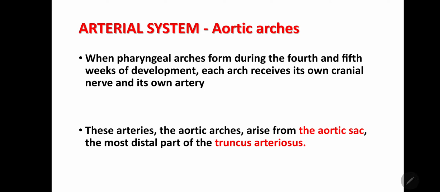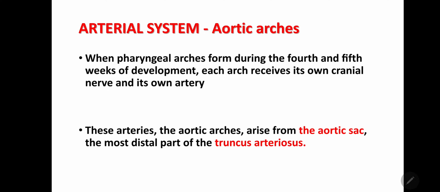So the truncus arteriosus, which forms the outflow channel of the heart, is divisible into pulmonary trunk and aorta by a spiral aorticopulmonary septum, but the distal portion, the most cephalic portion of the truncus arteriosus outside the pericardium, enlarged to form the aortic sac.